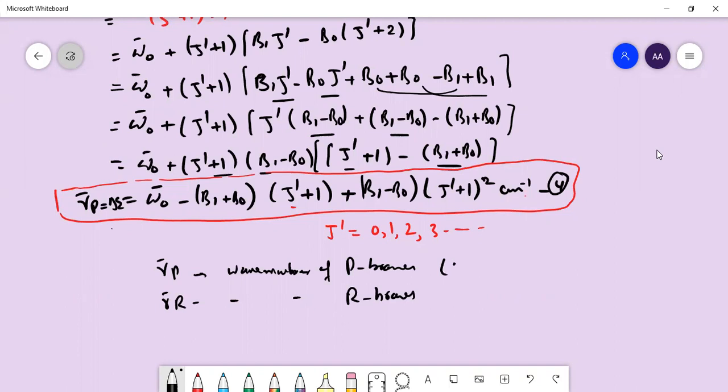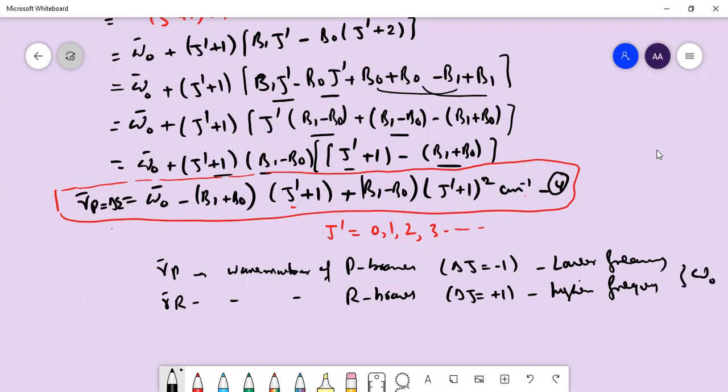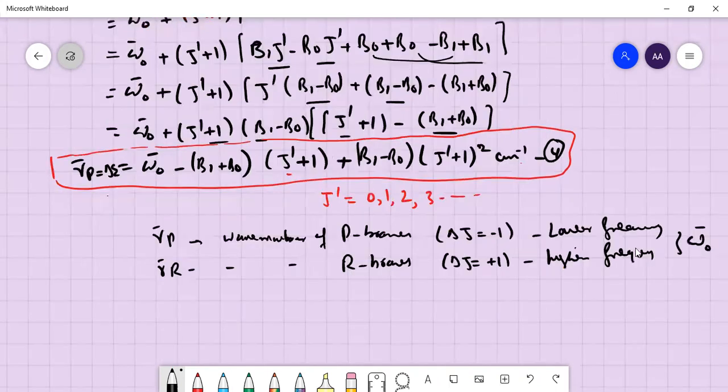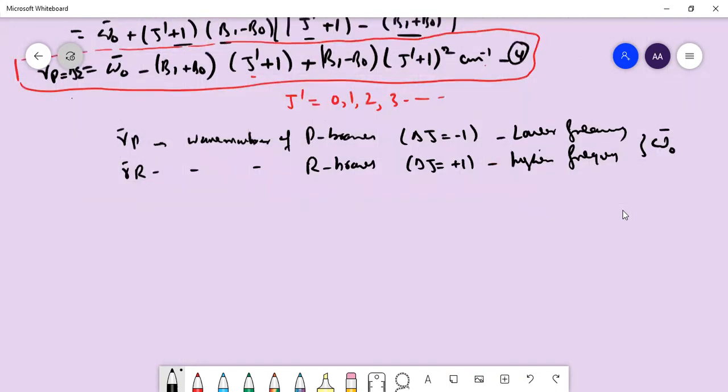P branches means where your delta J is equal to -1, which is lower frequency, and R branches means delta J is equal to +1, having higher frequency as compared to our omega naught bar, that is our band origin. So we can easily determine both P branches and R branches by using this equation.